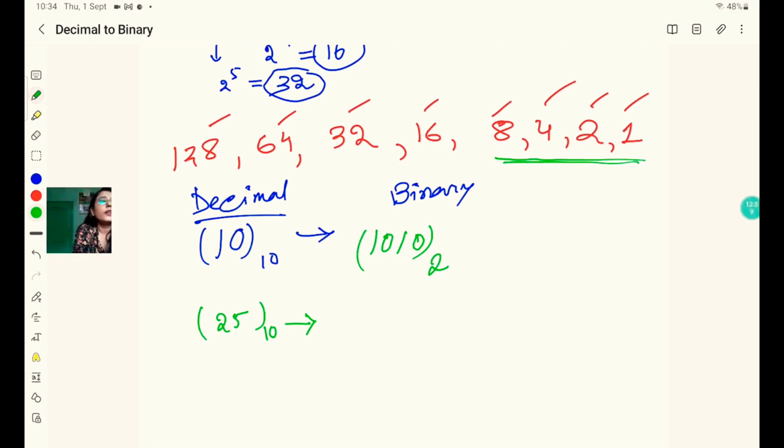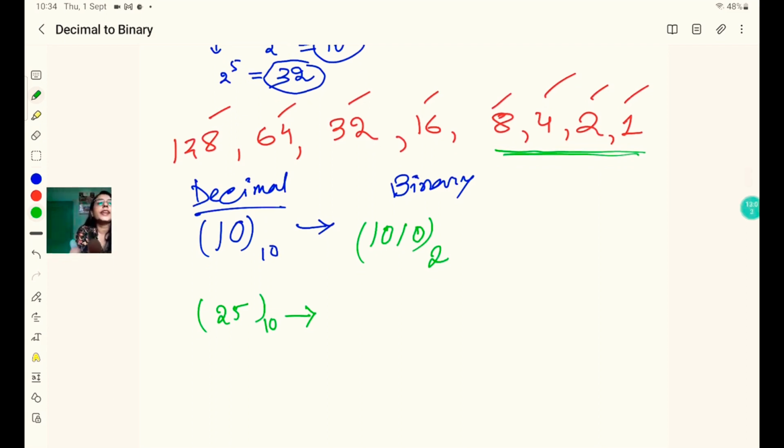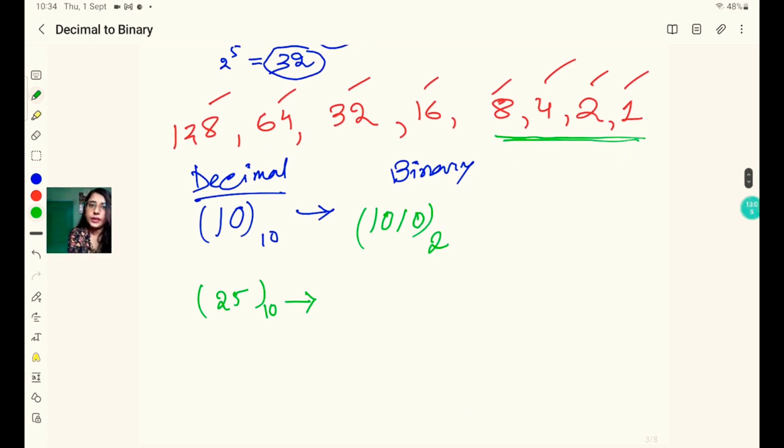Here we need to know by adding which numbers we can have 25. So we can take this number, that is 16. Which number added with 16 gives 25? That is 9. 9 and 16 makes 25.